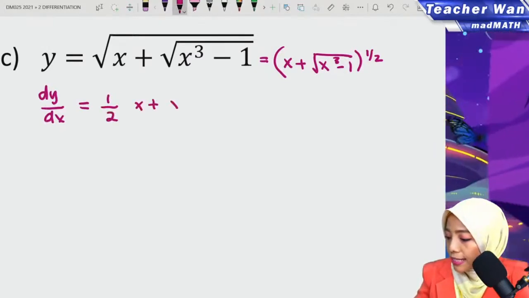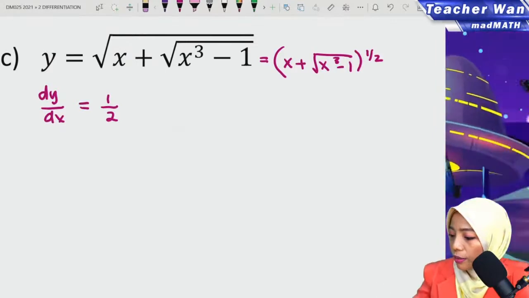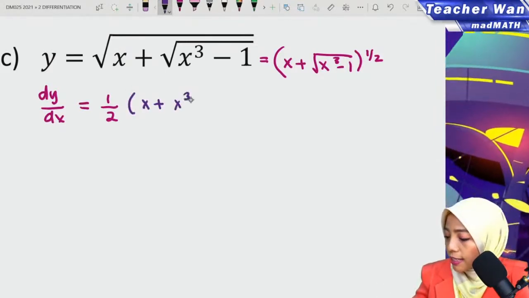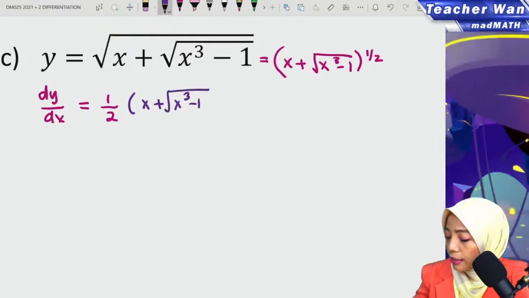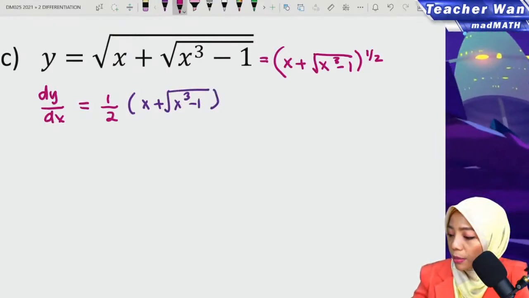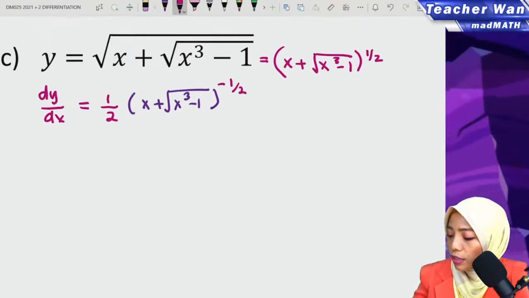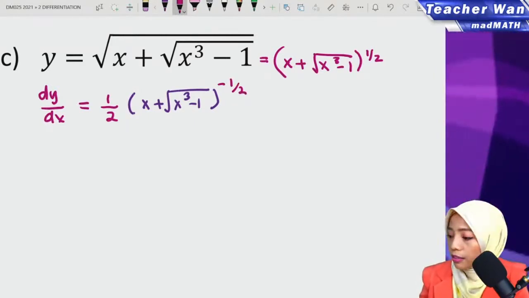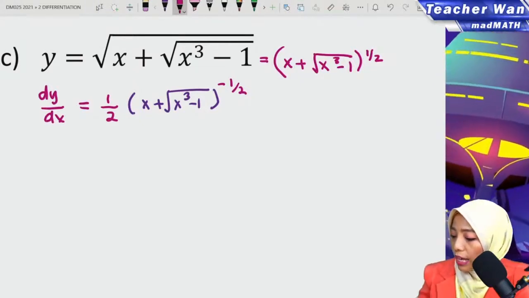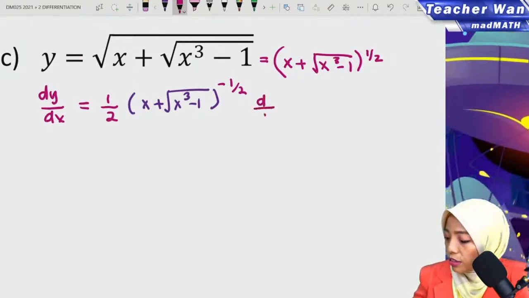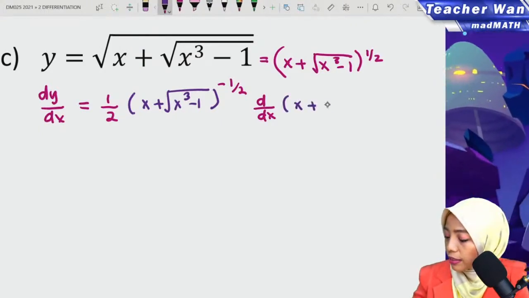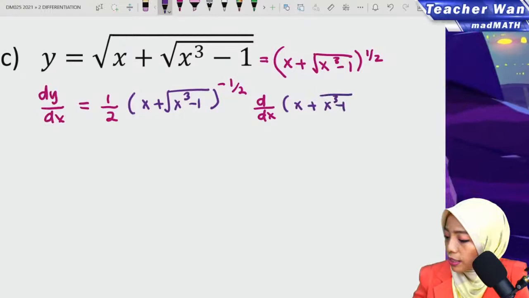x plus root of x cubed minus 1, using a different color here. Now 1 over 2 minus 1 becomes negative 1 over 2. Don't forget, we are going to differentiate this purple function later on, x cubed minus 1 here.